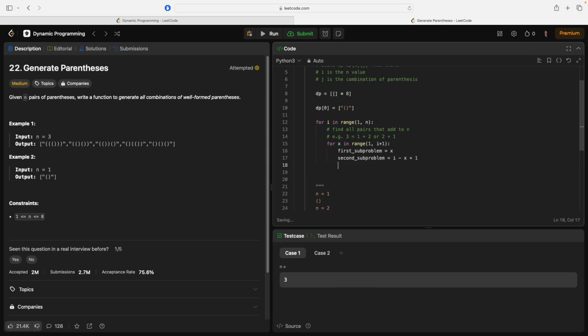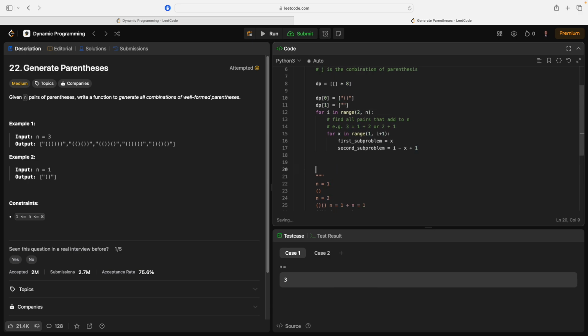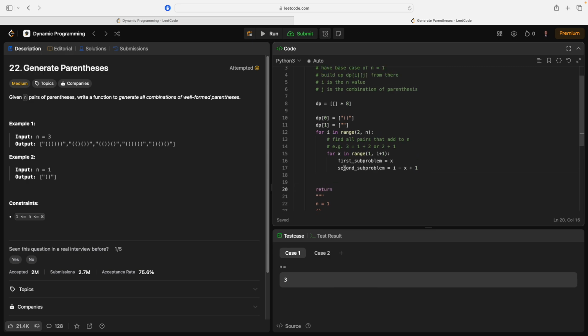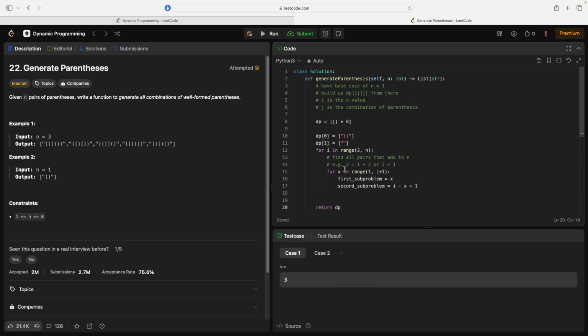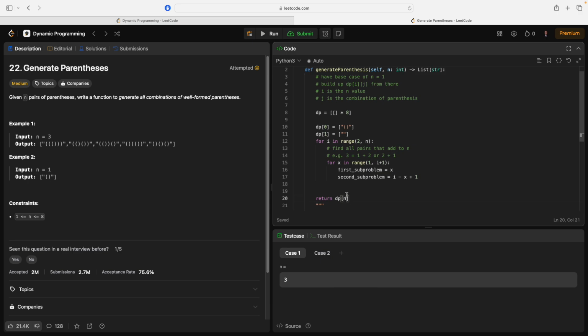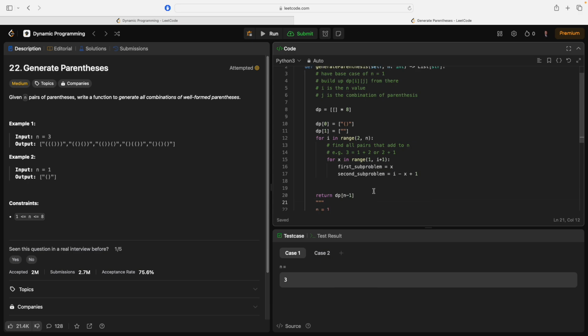Okay, now do we want to just hard code the second problem? Because I'm now realizing, dp n minus 1, that's going to be the answer.